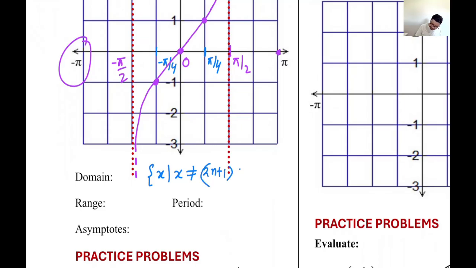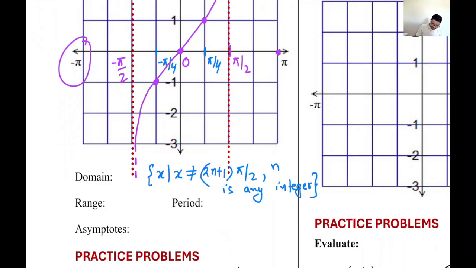We have seen this before, so I'll just write it and move on. You understand it. If you want to understand this notation or how we say odd numbers, you should watch the previous video. So domain is all real numbers except odd multiples of pi over 2, where you have asymptotes.